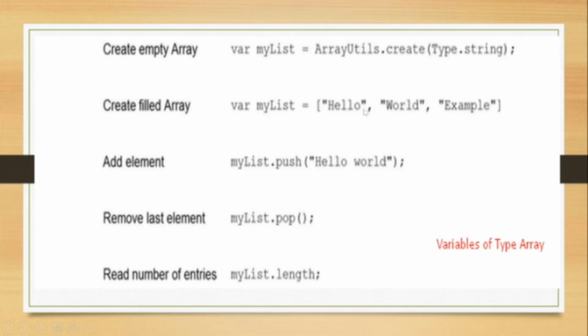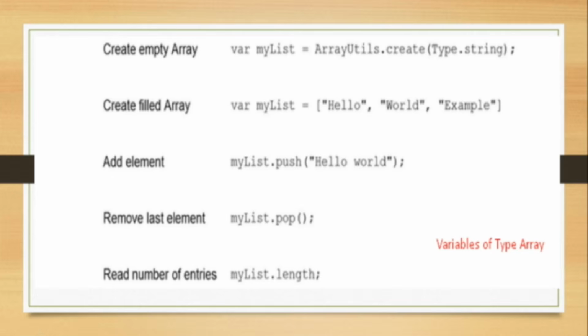After that, we have the add element function, which will add an element as the last member of the array with the existing members. Let's say we have hello, world and example, the three members in the array. If we use myList.push with hello world, then hello world will be added as the last member of the array. After that, we have remove last element.